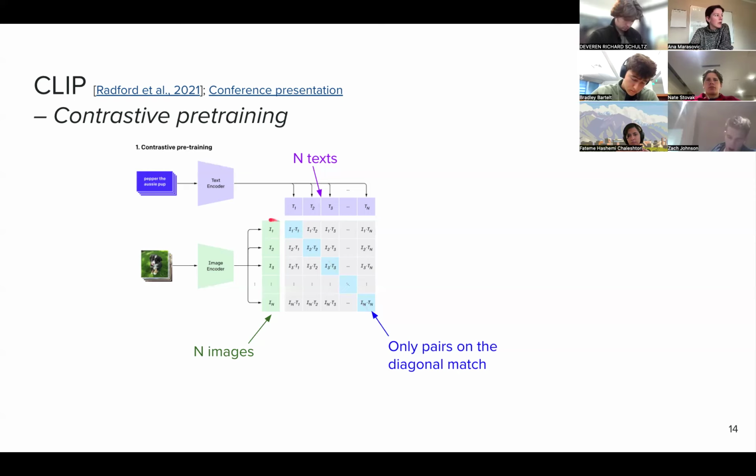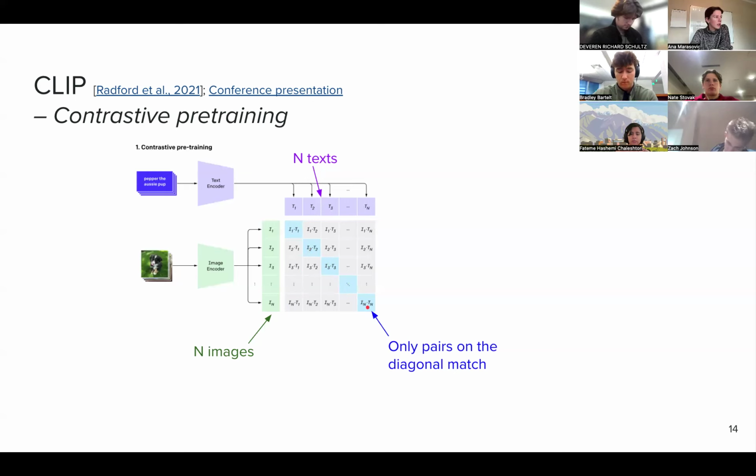So for example, here we have the first image, and here you have all the pairs of the first image with each one of the N texts. Here you have the first text and all the pairs of all the images together with that text. And the creators of this model have arranged the data such that true pairs appear on the diagonal here.